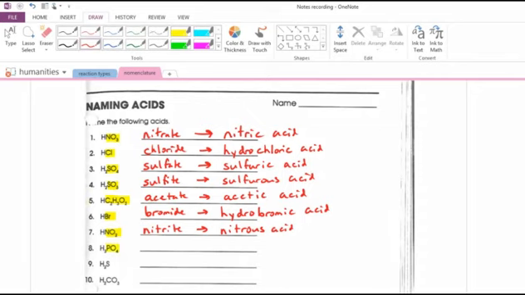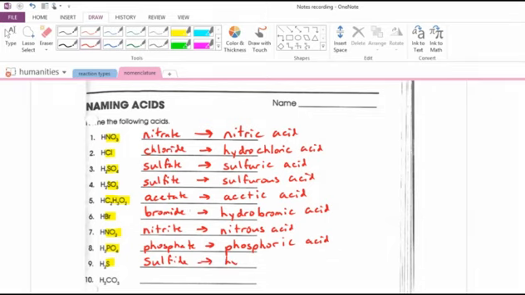PO4 is phosphate. So we change the ATE to IC, but this one is also a little odd in that it brings back that syllable. S, sulfide.